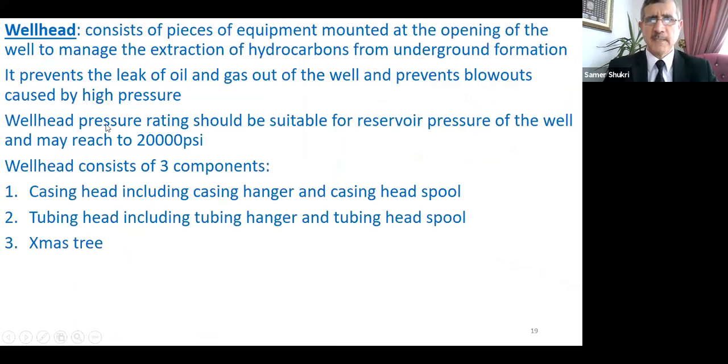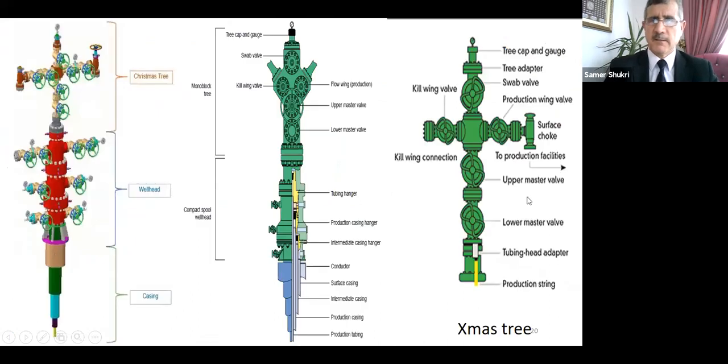Also, wellhead. We have a wellhead that supports the casing head and tubing head, and at the top also we have the Christmas tree. This is the conventional Christmas tree. We normally have it in 3 1/8 or 5 1/8 sizes, rated at either 3,000 psi or 5,000 psi working pressure.